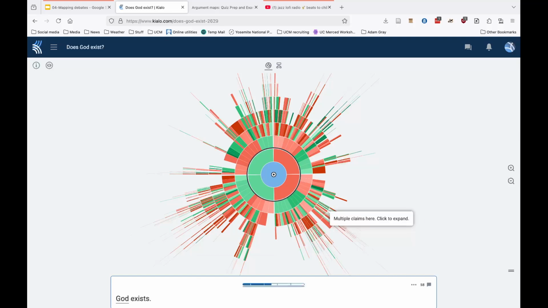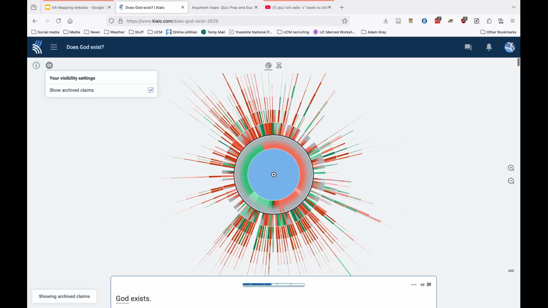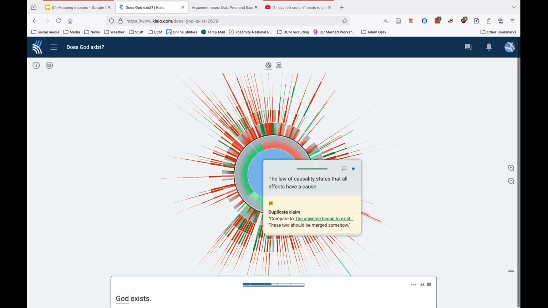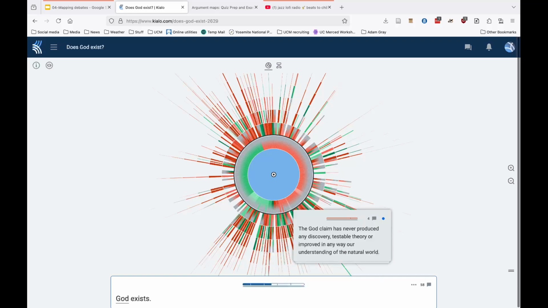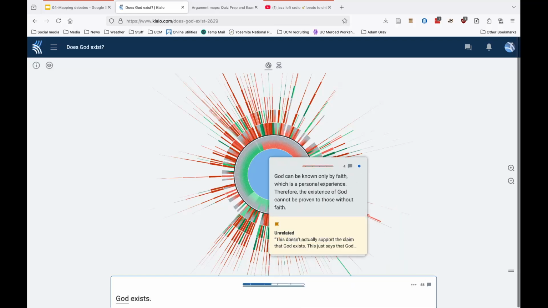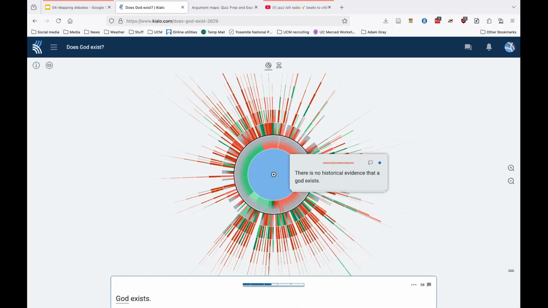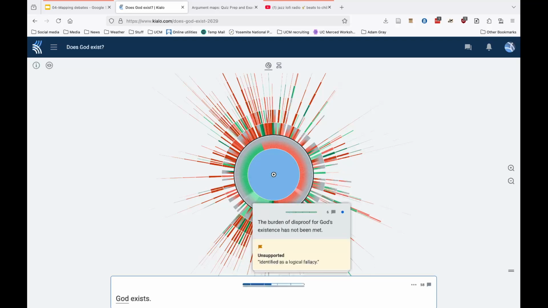So this one, you can see lots of arguments here, but actually a lot of them are hidden. I don't quite know the rules that they have for when things should be archived. But you do this, and you can see there are probably hundreds of first order arguments for and against the existence of God. There's so many that you can't even really distinguish them that well.